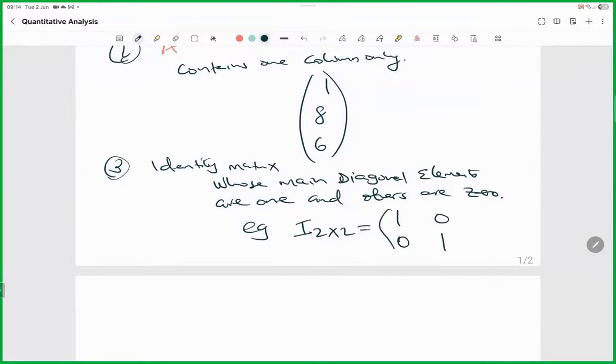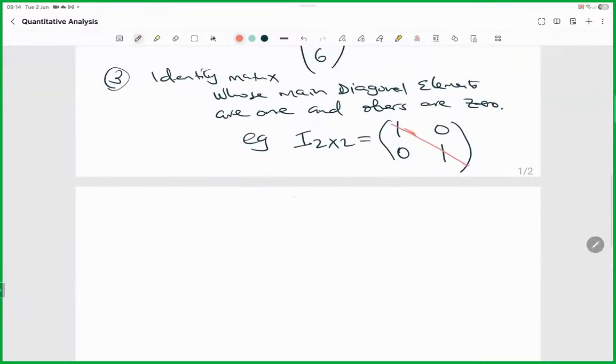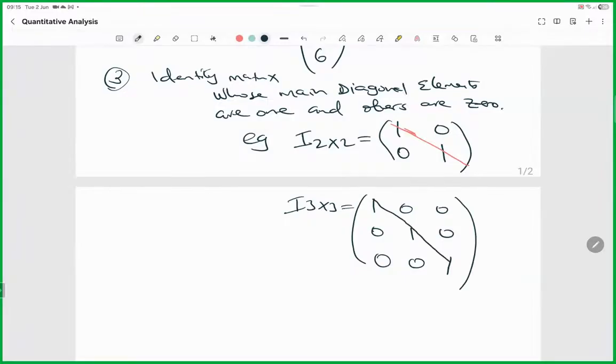You can see the main diagonal has 1, 1, and all the others are 0. If we have an identity which is 3 by 3, it will be 1, 0, 0, 0, 1, 0, 0, 0, 1. The main diagonal has 1s and all the others are 0.